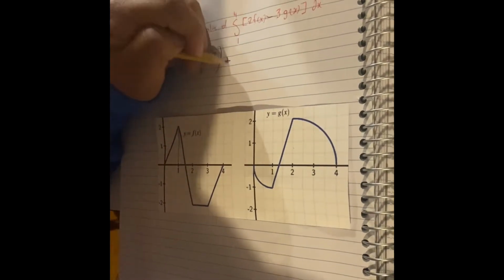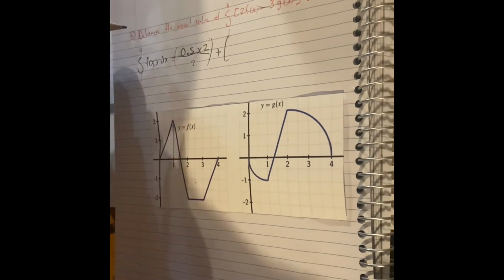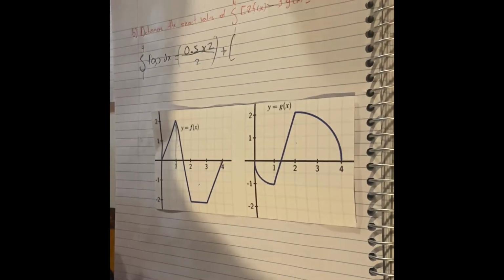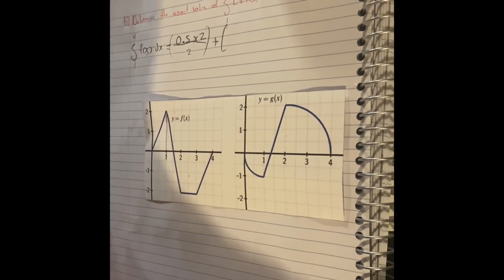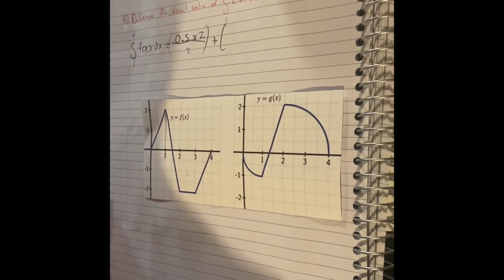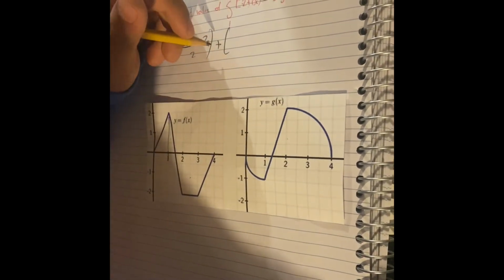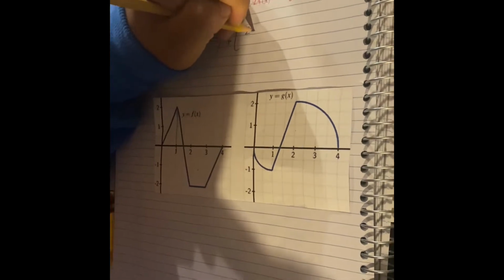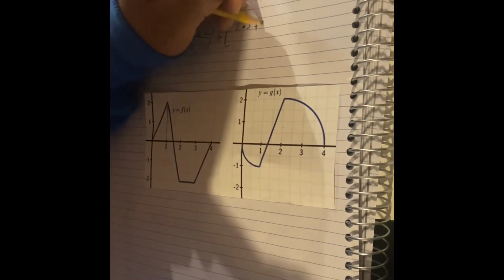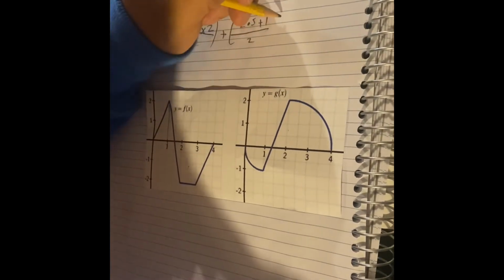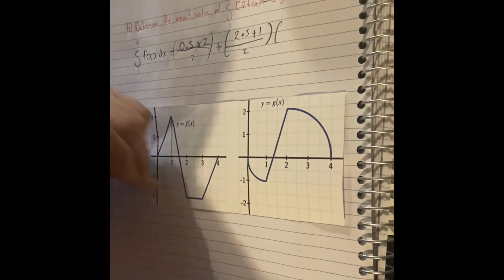And we're gonna add the area of the trapezoid, which we know is gonna be a negative area since the whole trapezoid is below the x-axis. To take the area of a trapezoid, we're just gonna take the average of the bases and times it with the height. So the first base is 2.5 plus 1 divided by 2 times the height, which is also 2.